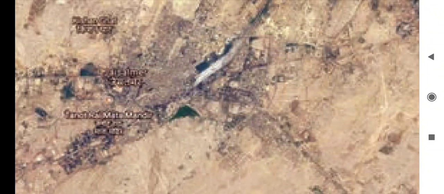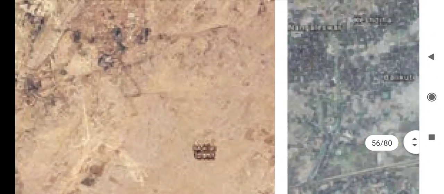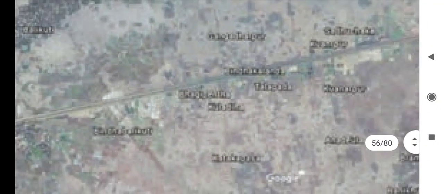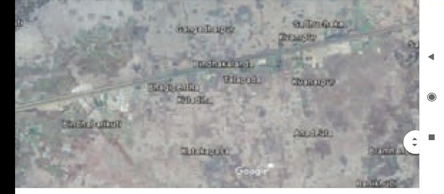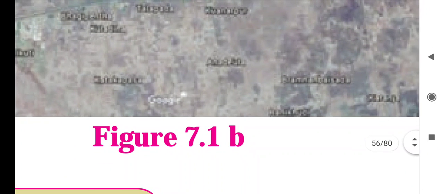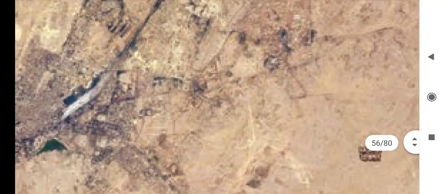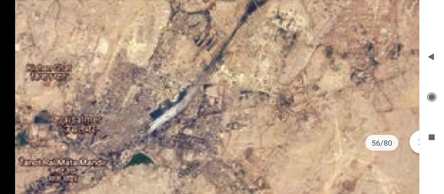So here we can find dense settlement, and if you see here, the houses are away from each other. The houses are not close, so it is dispersed settlement, means the houses are scattered, not close to one another, and here we can see it is very close to one another.